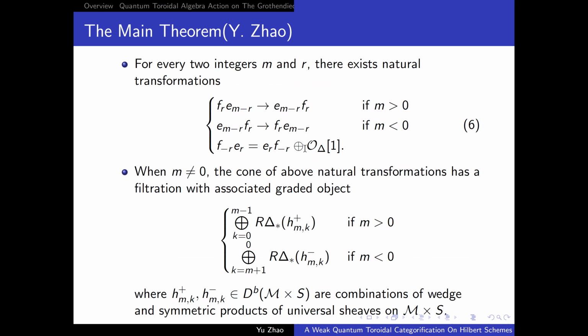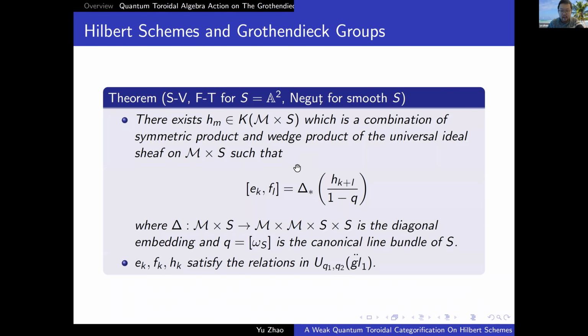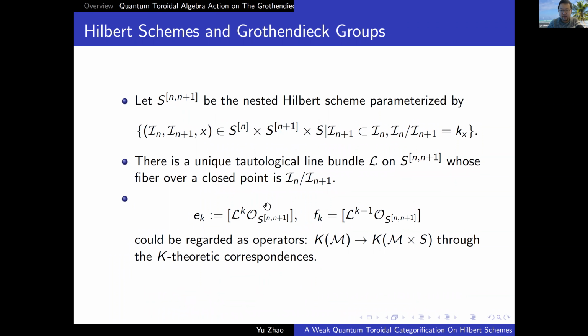When you say that there's a natural transformation, you're already assuming that both E_k and F_r have been categorified, because E_k and F_r can be naturally categorified as a line bundle on the Hilbert scheme of points. Yes, you are right. E_k could be naturally categorified because here we give E_k as correspondences of some line bundles, and if we regard this as the Fourier-Mukai transform, it gives a categorification of E_k.